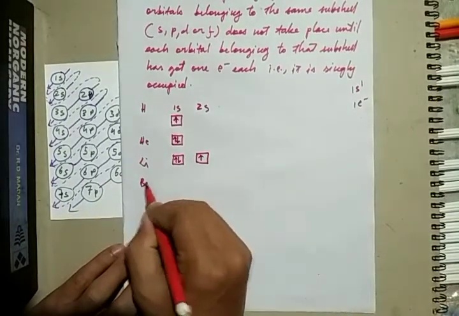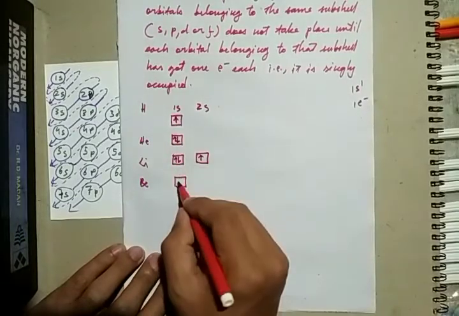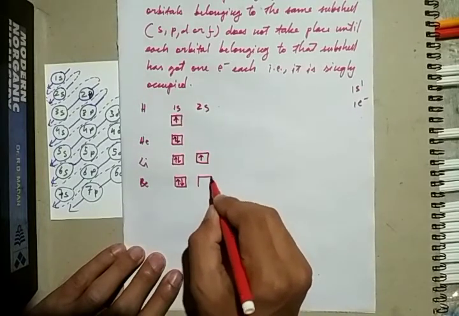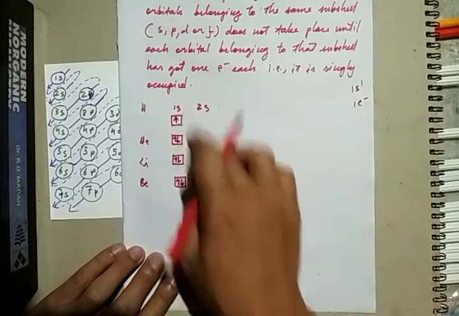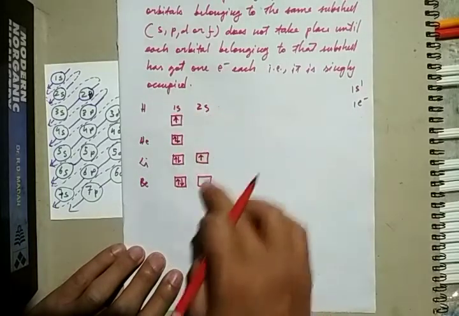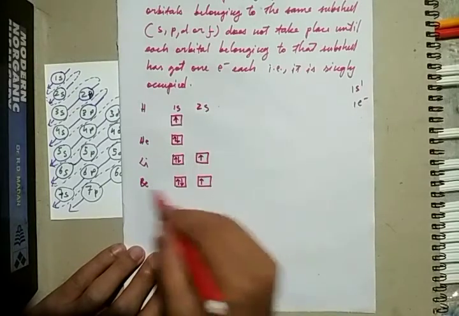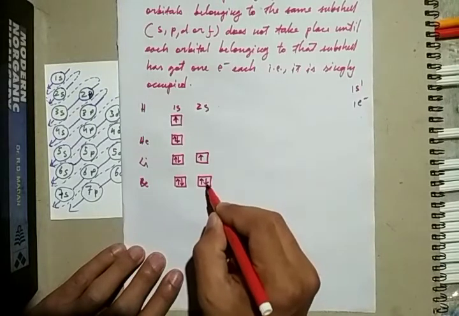Next is beryllium, atomic number 4. First the 1s orbital will be filled, paired with 2 electrons, and then the 2s orbital, paired, with 4 electrons in opposite spin.